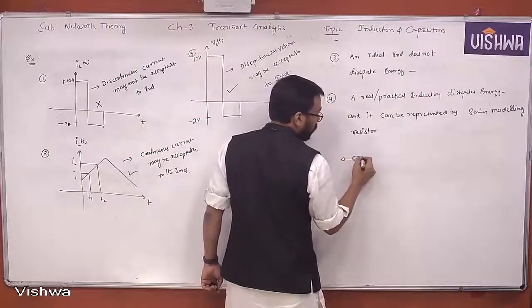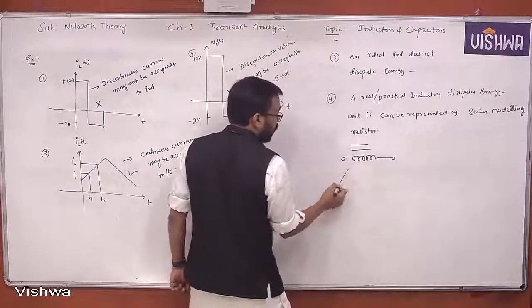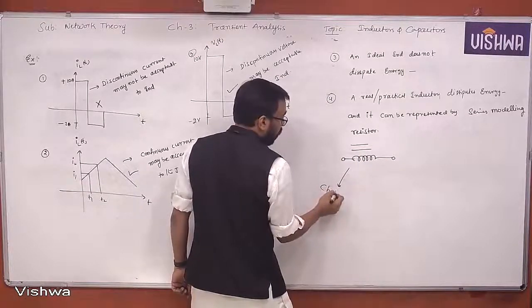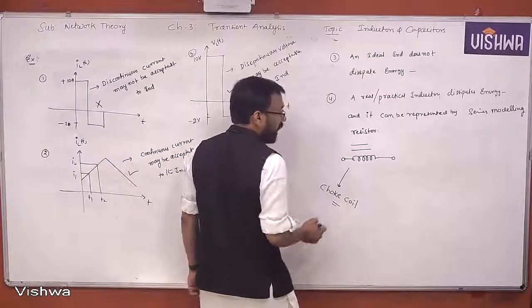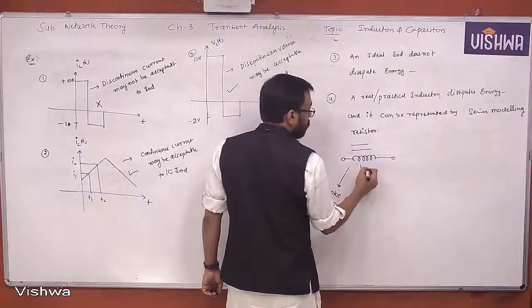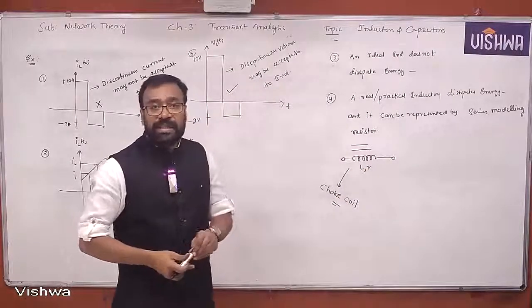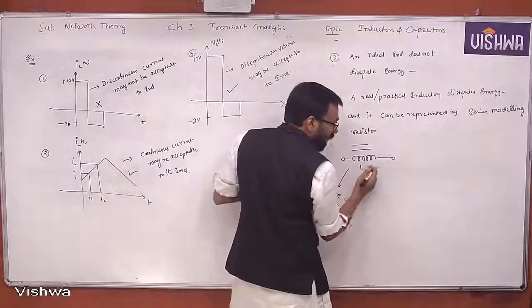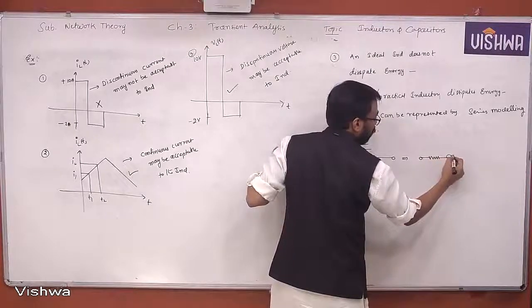So this is actually the practical inductor. Usually a choke coil can be taken as a practical inductor. I think all of you are aware of the choke coil. Even you might have done some experiments in the lab. Separation of choke coil parameters might be an experiment. The resistance value is very, very small. You can represent it with the series modeling.